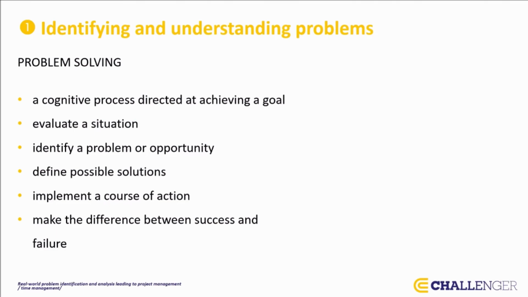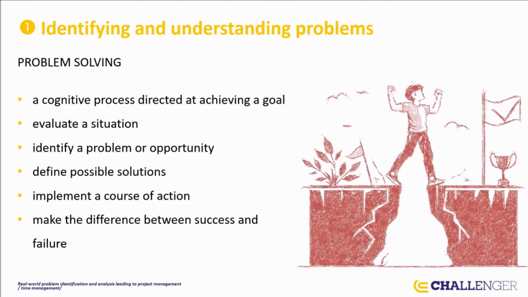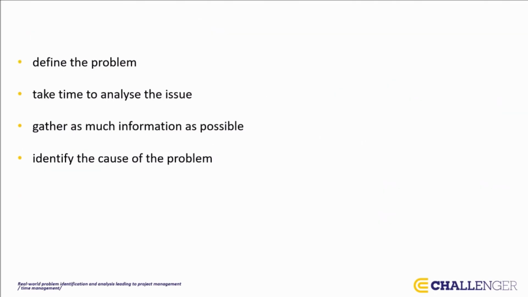It can make the difference between success and failure, and it can help you navigate the complexities of a fast-paced environment. But what exactly is effective problem solving, and how can you develop the skills needed to solve problems efficiently and effectively? This we will talk about in the next slides.